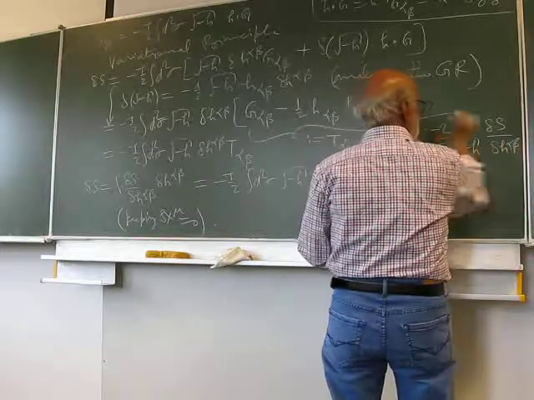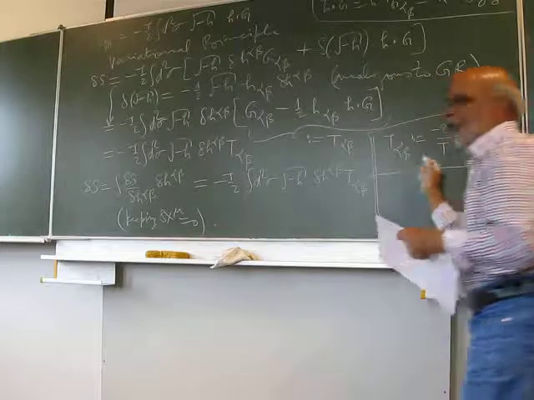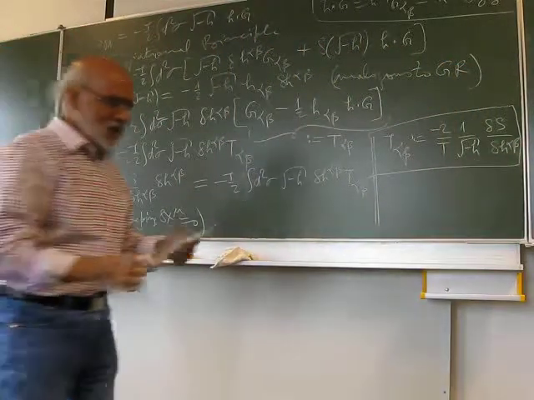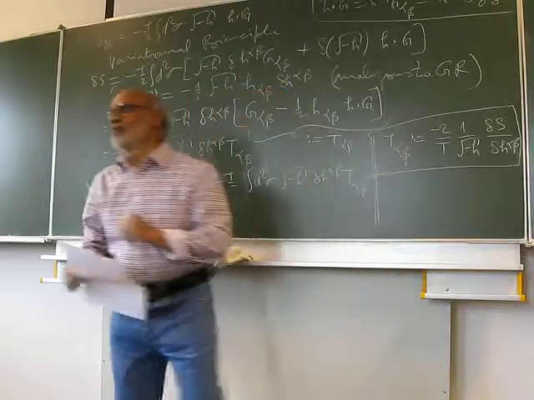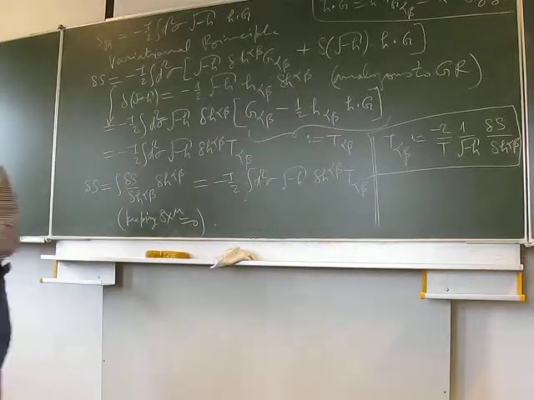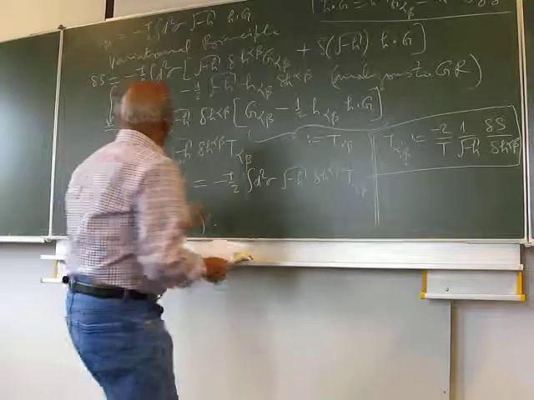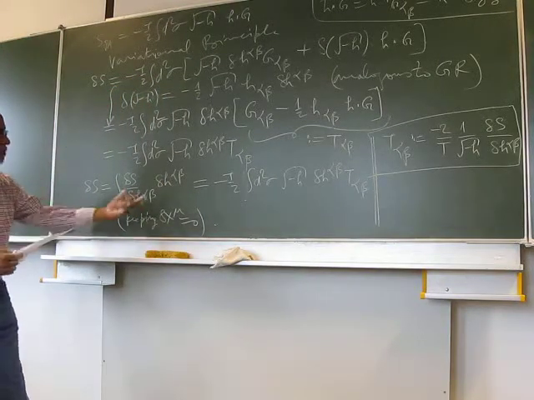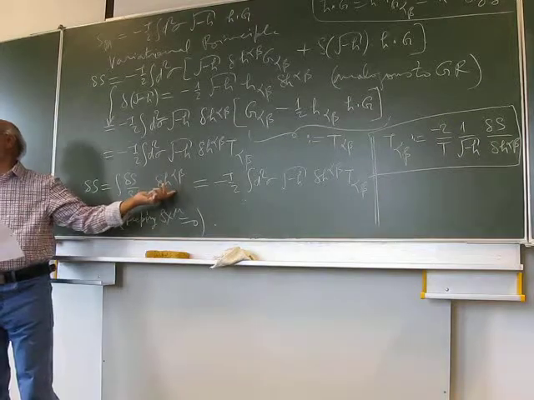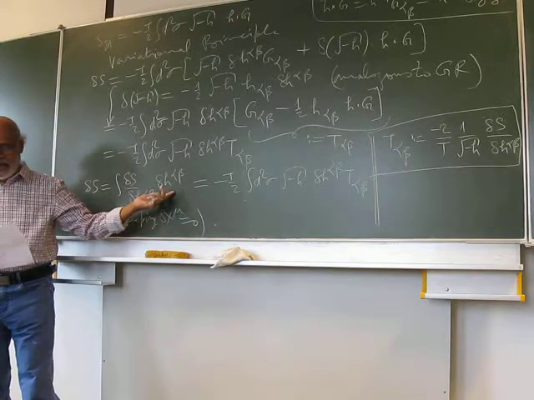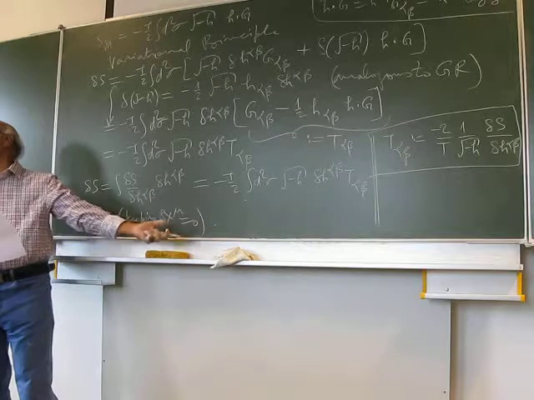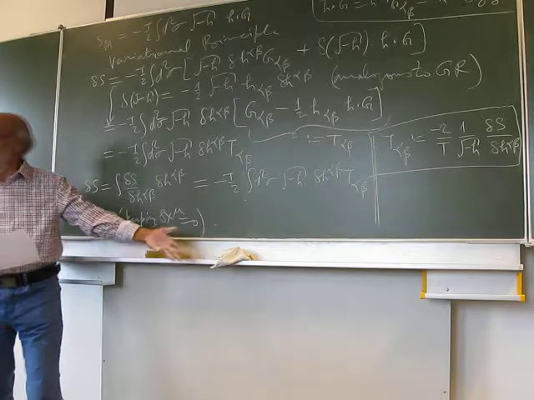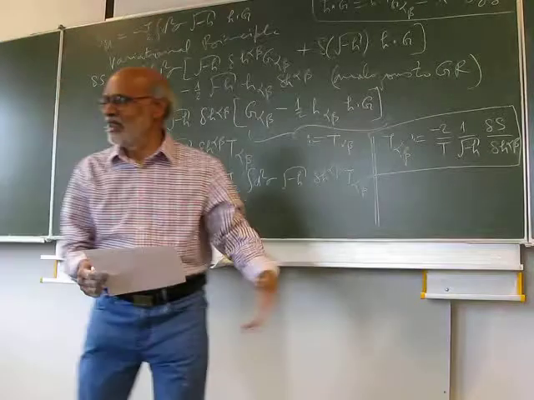In some literature you might find this as the definition for T alpha beta. What actually happens, this energy momentum tensor T alpha beta measures the response of S with respect to the metric variation delta h alpha beta, keeping all other fields unchanged. So this is one of the standard definitions that you find at many places.